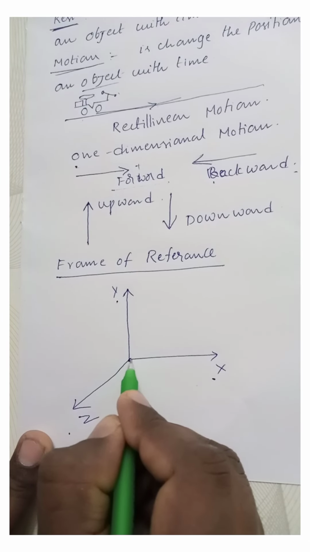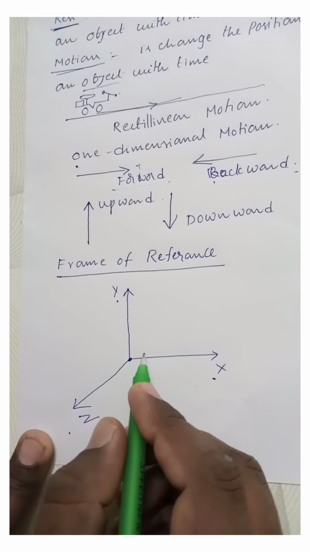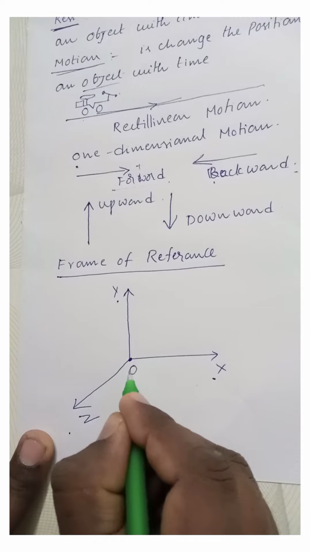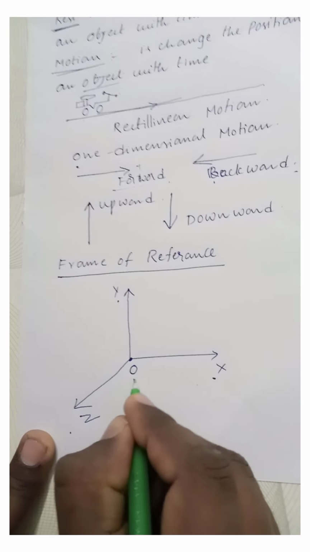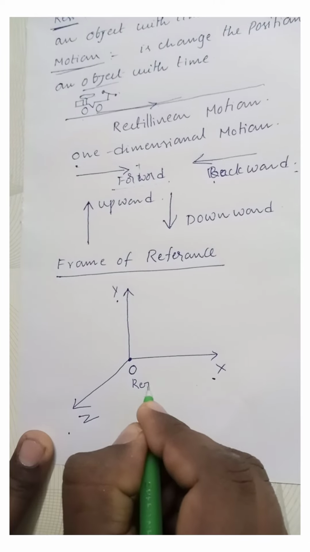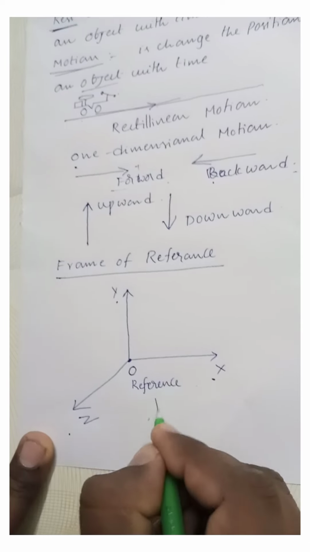The point of intersection of the three axes is called the origin. We denote it with O. It serves as a reference point.